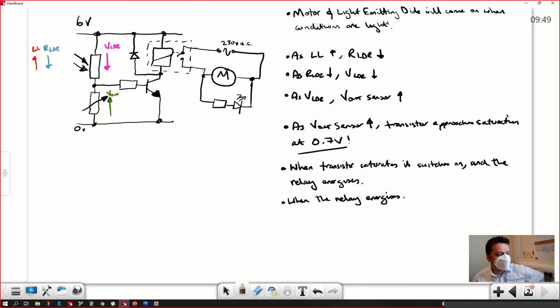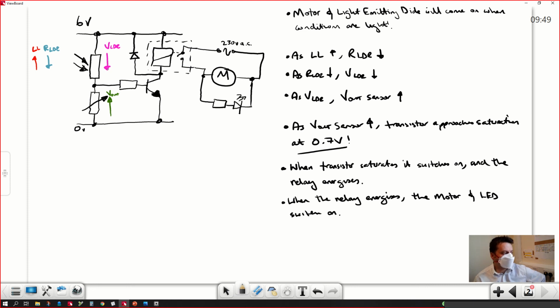When the relay energizes, the motor and the LED, light emitting diode, switch on. So you've successfully traced your way from a changing light level to this coming on.